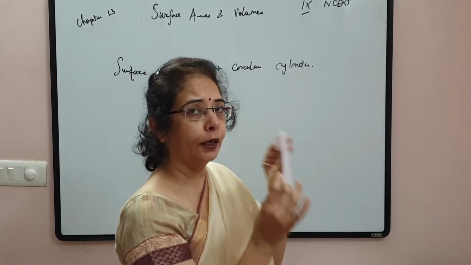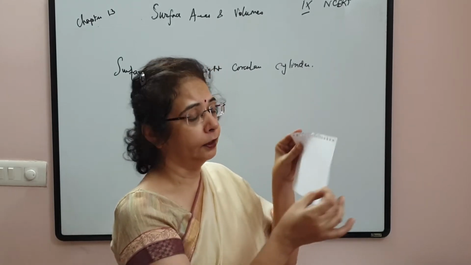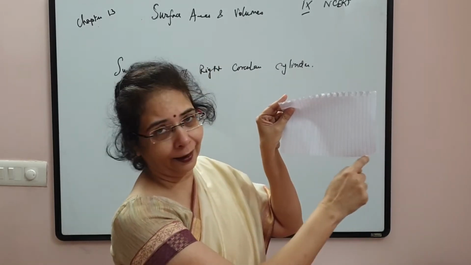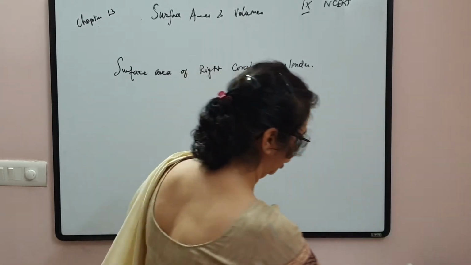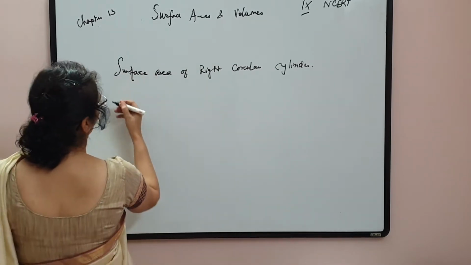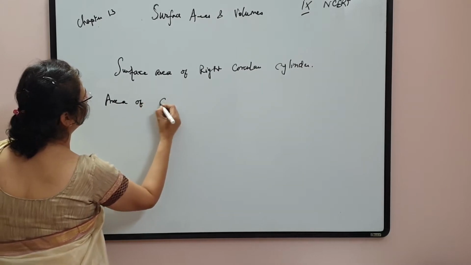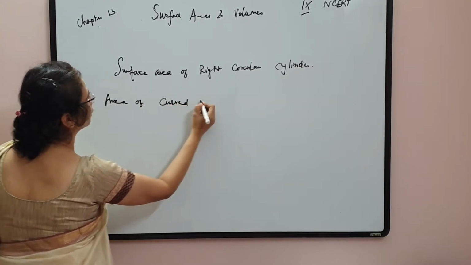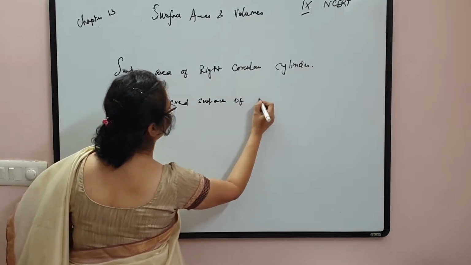That means the area of the curved surface of the cylinder is 2 pi r multiplied by h, right? So, what is the area of the curved surface of a cylinder?